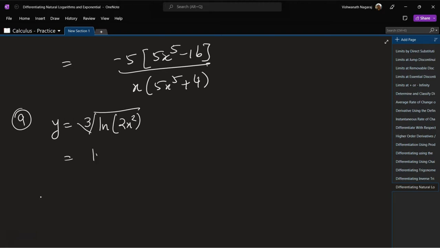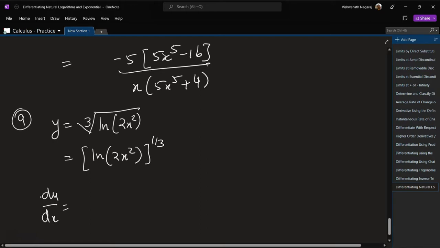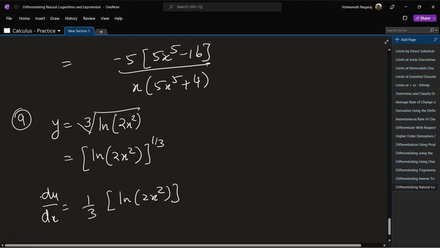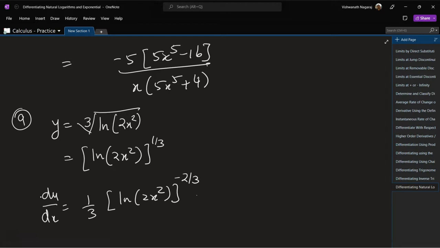This can be written as natural log of 2x square to the power of 1 by 3, and we know how to do this. dy by dx is equal to 1 by 3 natural log of 2x square to the power of 1 by 3 minus 1, so minus 2 by 3, times. Now we have to take care of the natural log, so 1 by 2x square. And now we have to take care of 2x square, which gives us 4x.